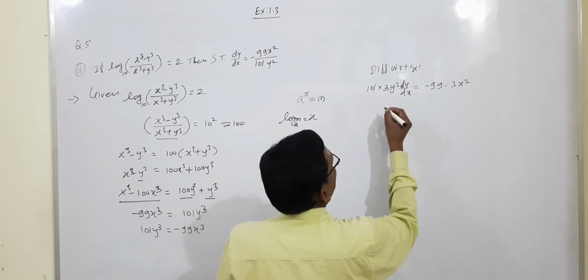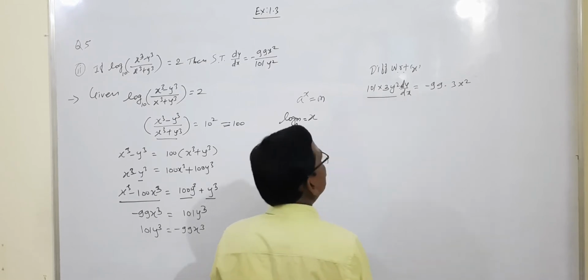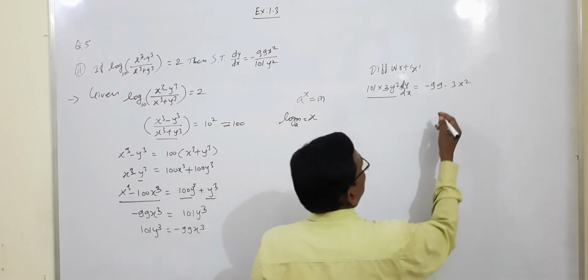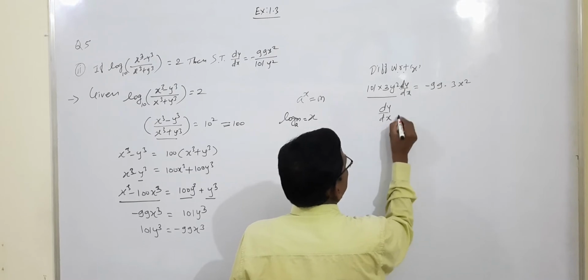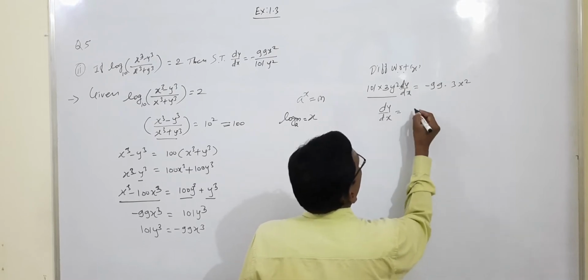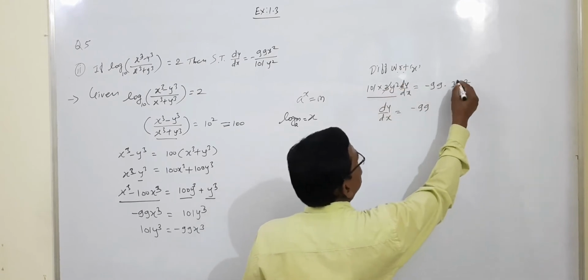Now take this term 101 y square in the right hand side, dy by dx is equal to minus 99, and cancel out this 3 here.